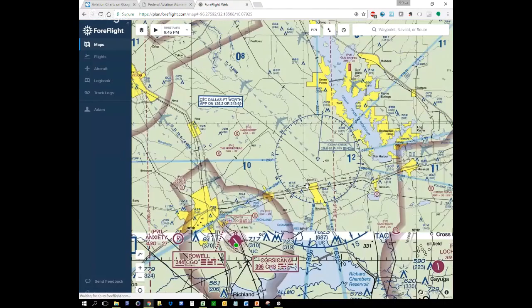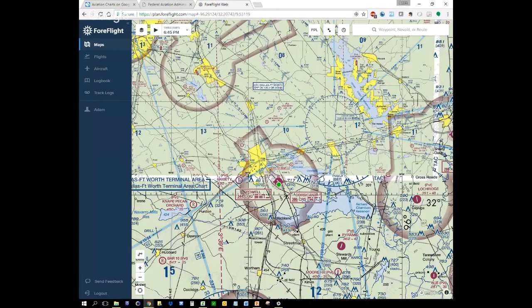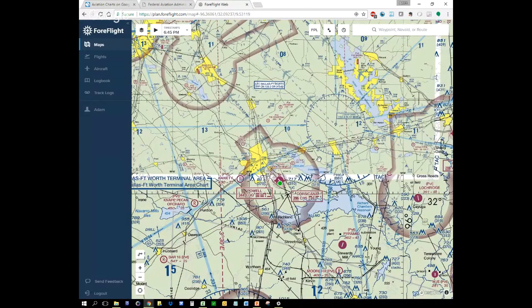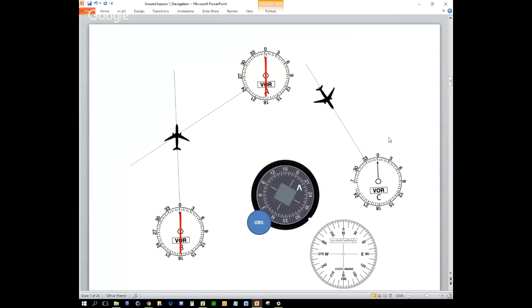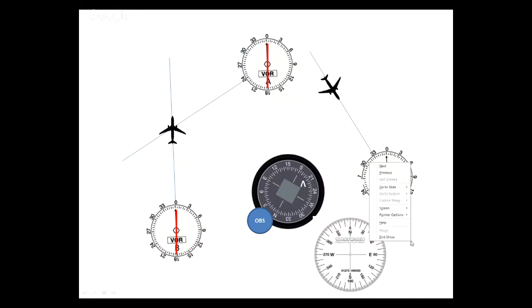And then I'm going to tune the OBS dial, the course dial, until the CDIs align right in the middle. And then what I'm going to do is note what the course selected is.